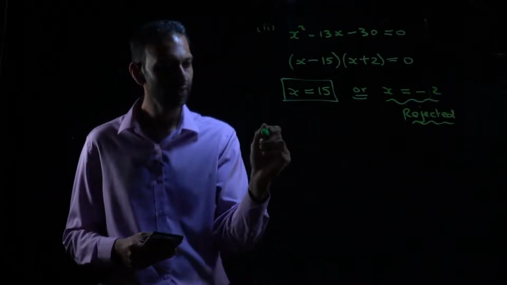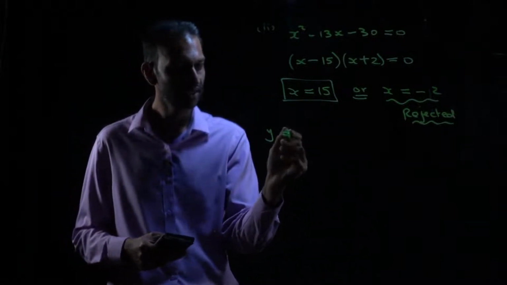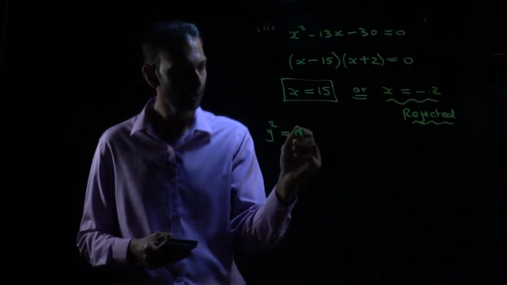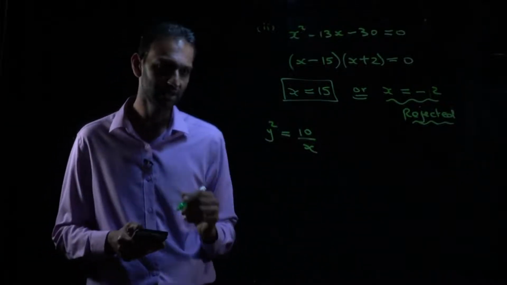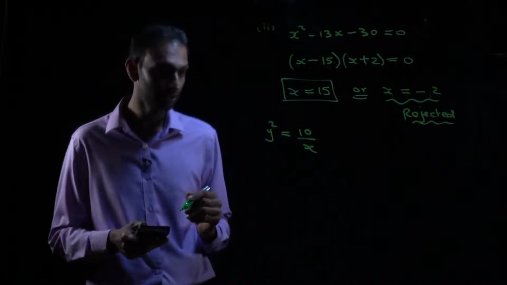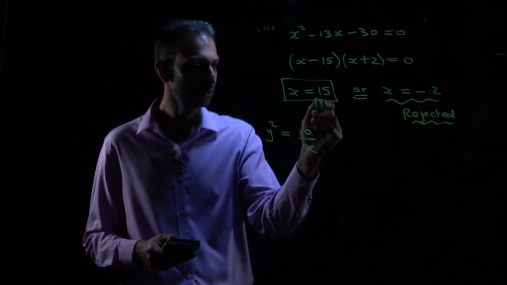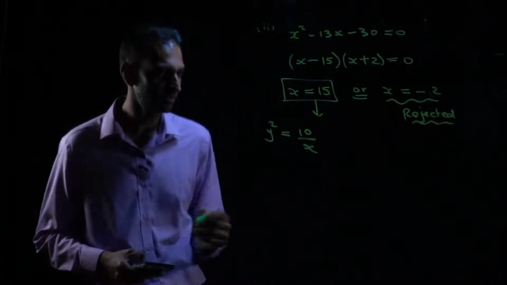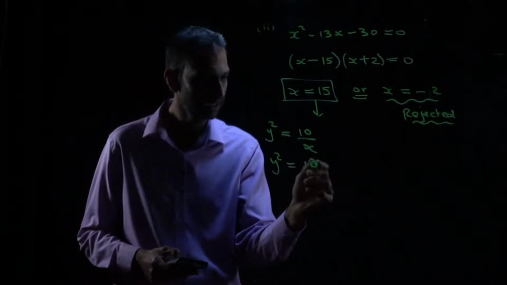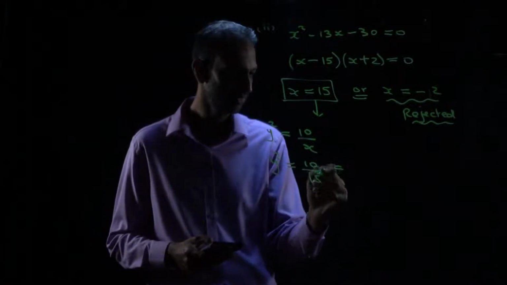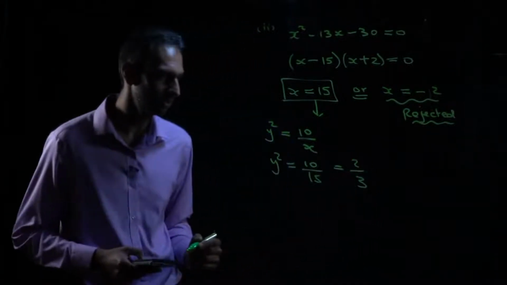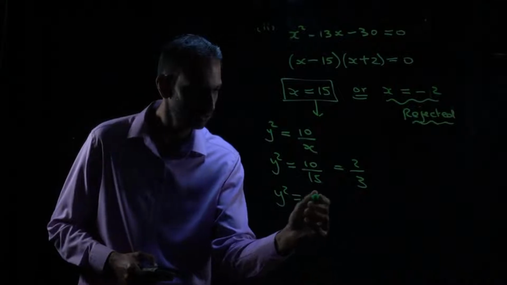Now we have the relationship y squared is equal to 10 over x, which we have deduced from the first equation. We just need to substitute x is equal to 15. y squared is 10 over 15, and 10 over 15, simple maths, you divide by 5, that should be 2/3. y squared is 2/3.